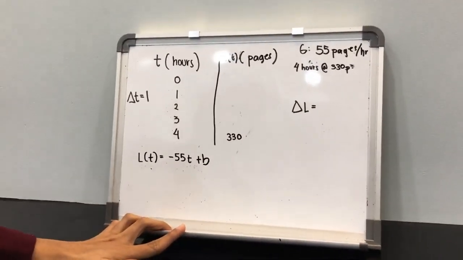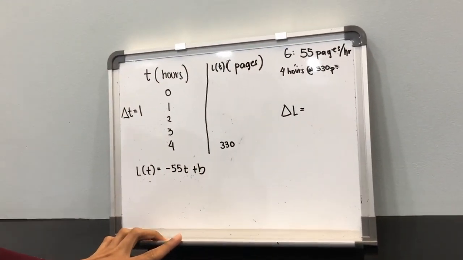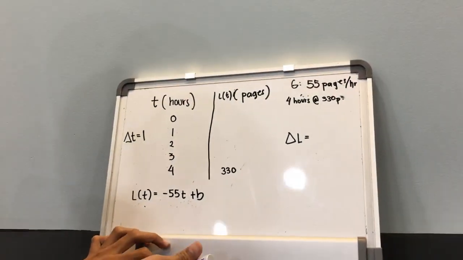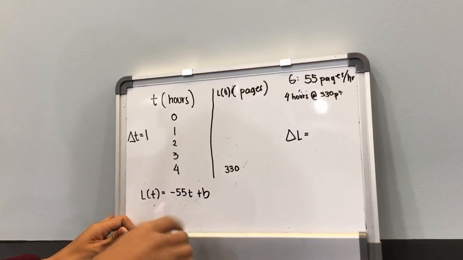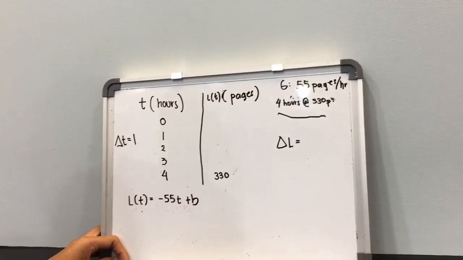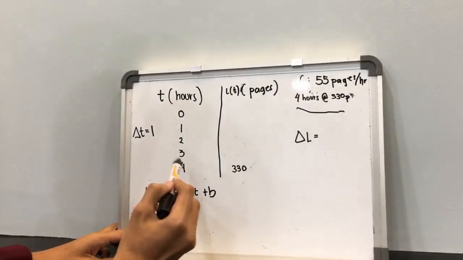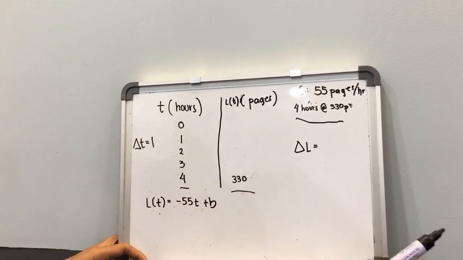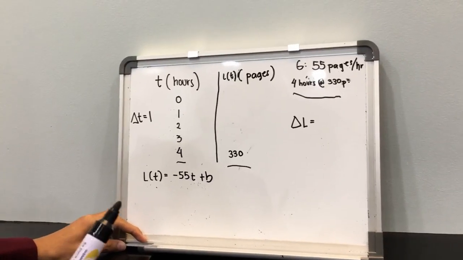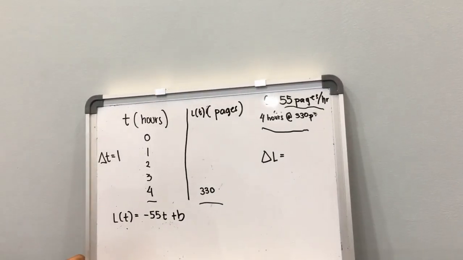So what I did is I made a table for the given, which is the time and the pages left to read. As you can see, at 4 hours, the reader only has 330 pages left. We also have the given pages per hour, which is 55 pages per hour.